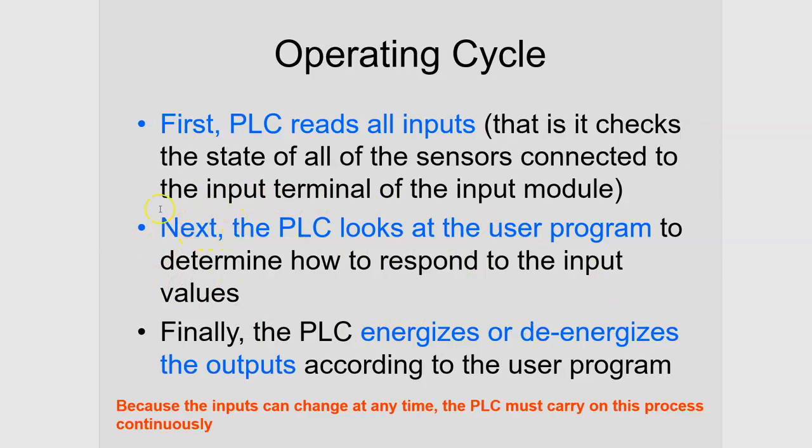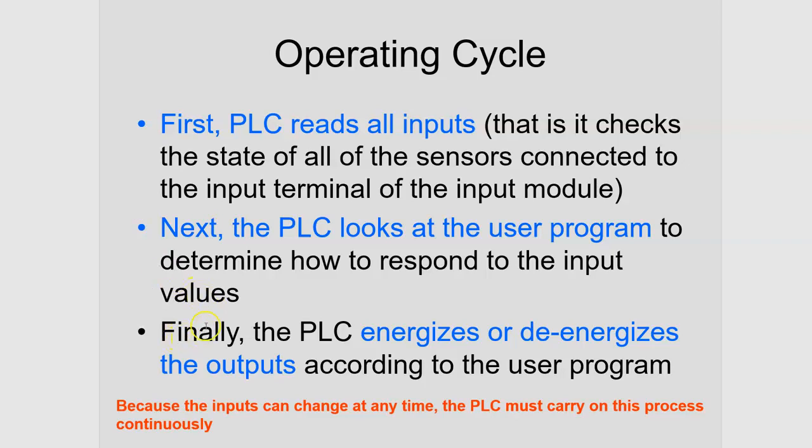And if the response turns out to make that particular rung true, then the output image table mapped to that particular bit position for the last thing on the rung, which is always a relay coil or some output device, it'll update that bit position in the output image table to a 1. If that rung is false, it'll update that bit position to a 0.